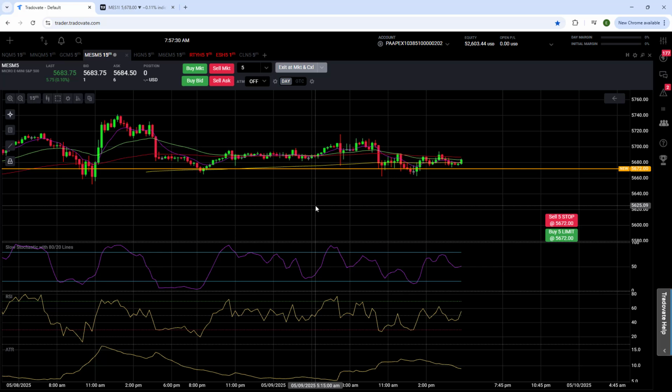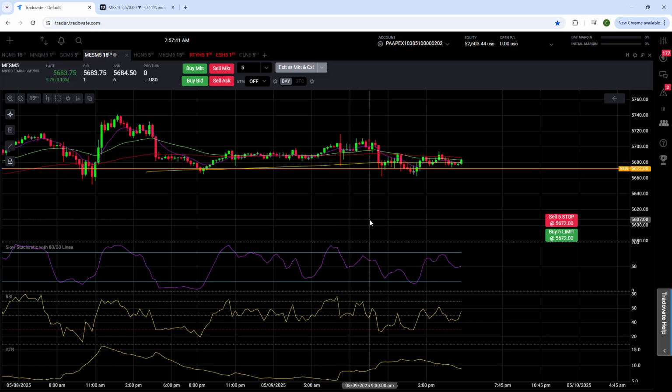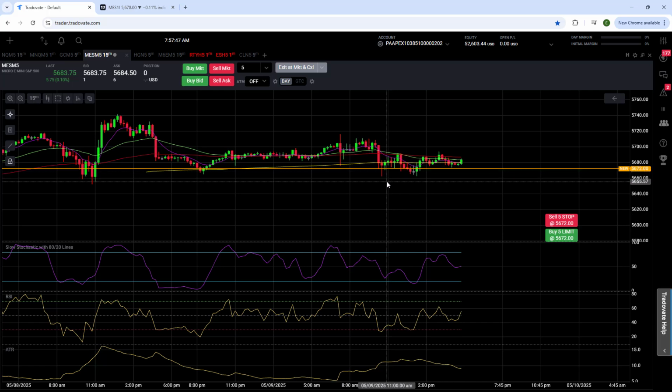I'm probably going to add like 3 times, and then I'll see where I'm at after 3 adds. So I'll have my purchase and my 3 adds. Because you've got to remember, you're doing micros, which is not a lot of money. So me personally, I'm probably going to do 3 and then add 3 more times.